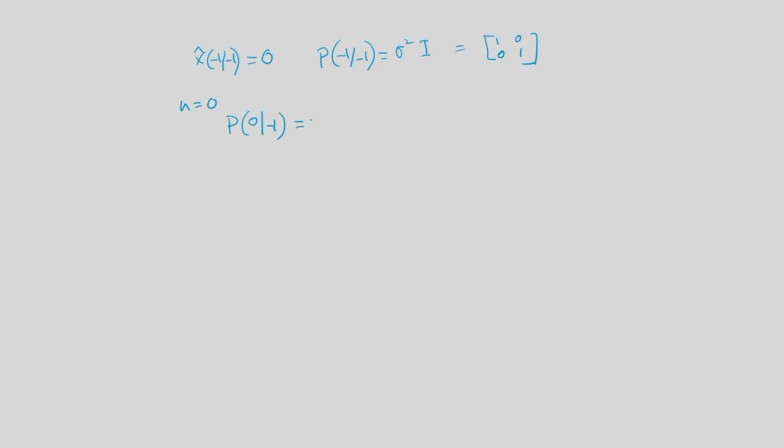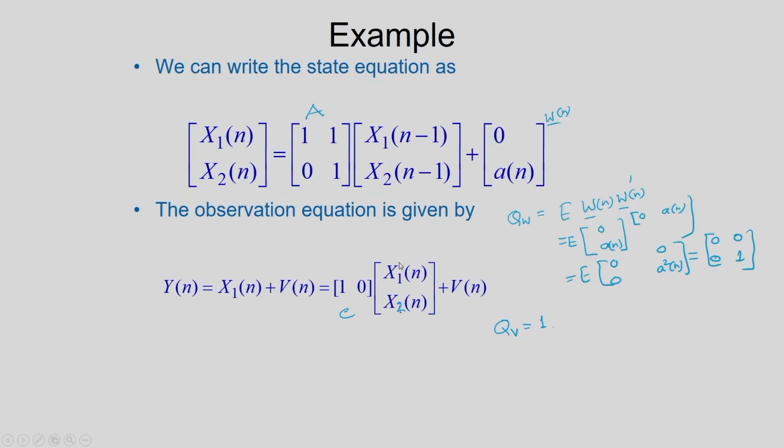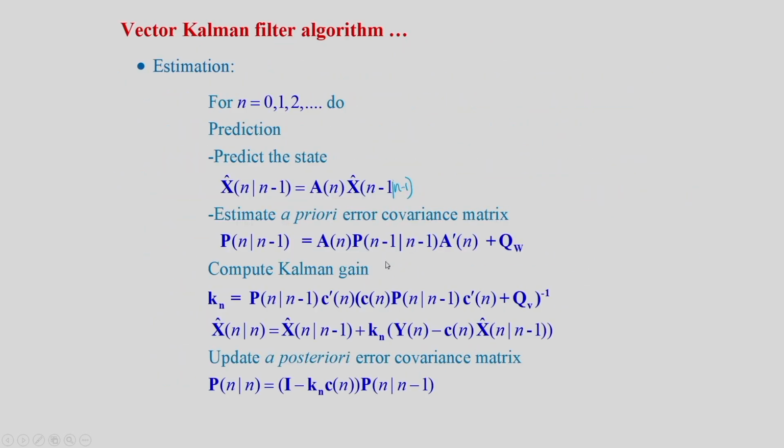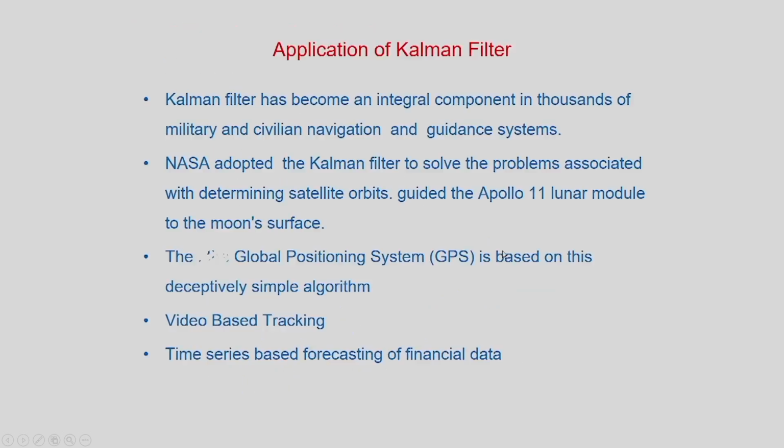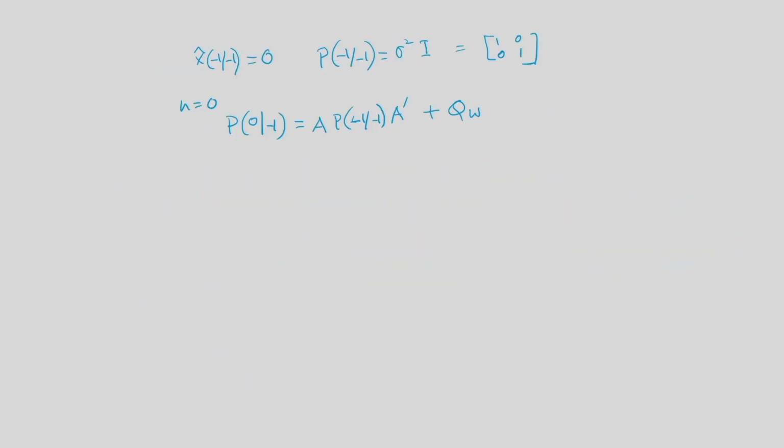This is given by A into P minus 1 given minus 1, the initial estimate of the error covariance matrix, into A transpose plus Q W. This expression we obtain from A into P n minus 1 given n minus 1 into A transpose plus Q W. So, we get this expression, and we can carry out the computation now.